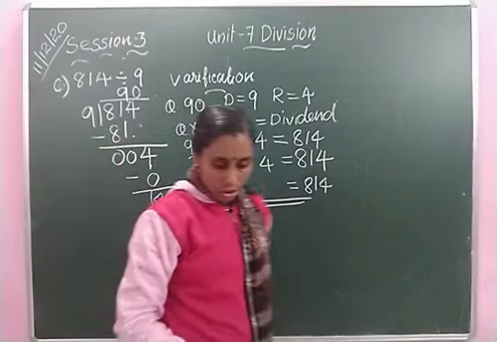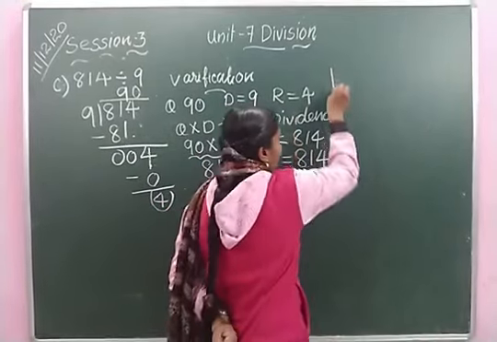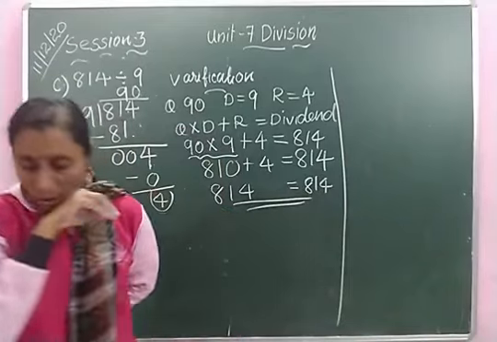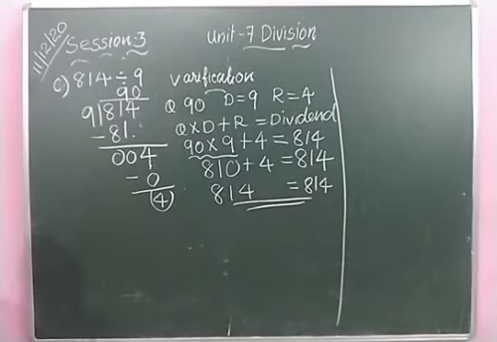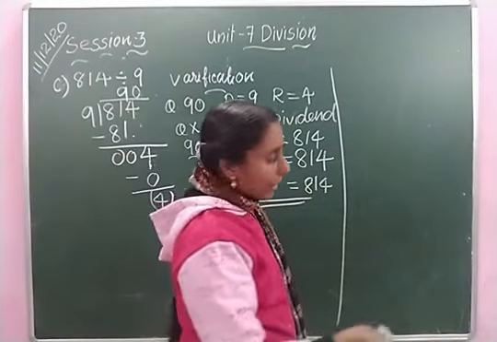Then one more question. Question number D: 298 divided by 3.